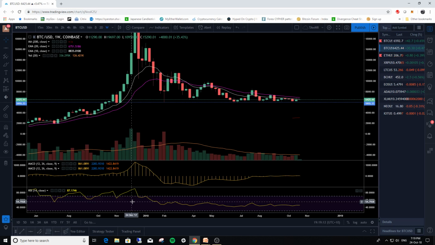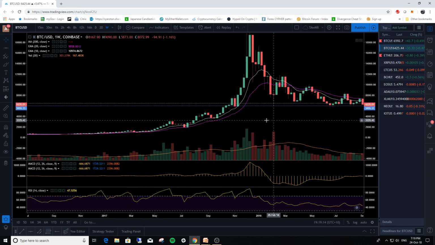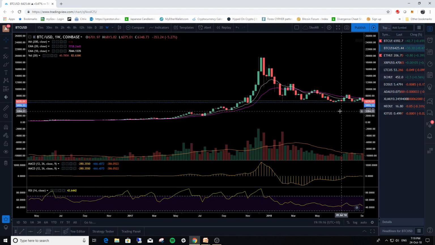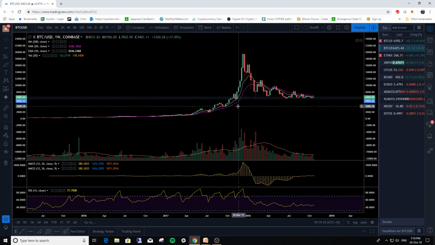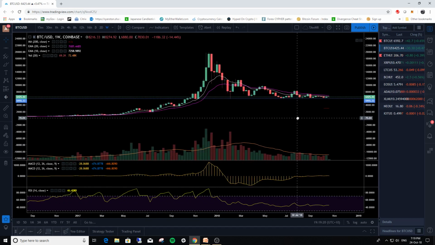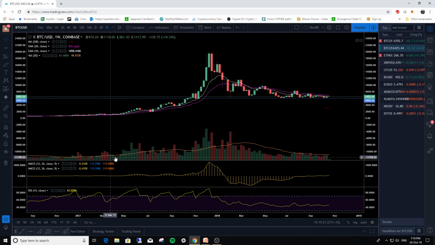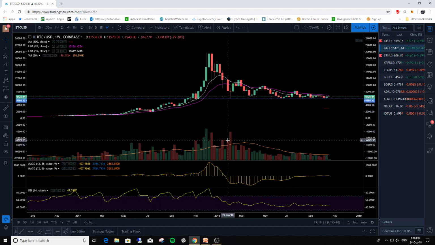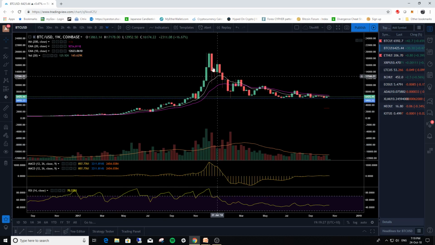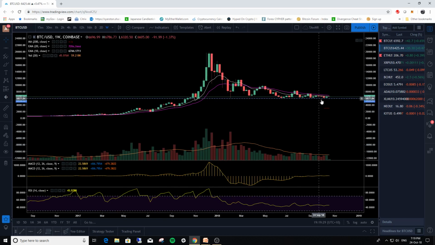Now, lastly, we'll touch on the Dow theory and Mr. Dow. What Mr. Dow tells you is that for an uptrend, you should see increasing volume, okay? But when the price is in a downtrend, you should see decreasing volume.